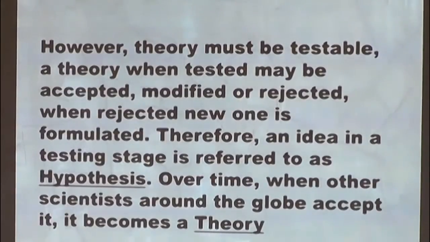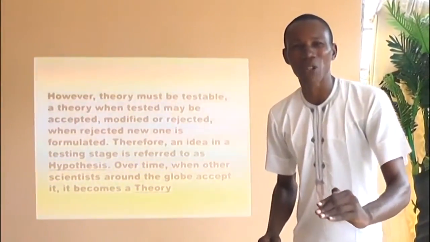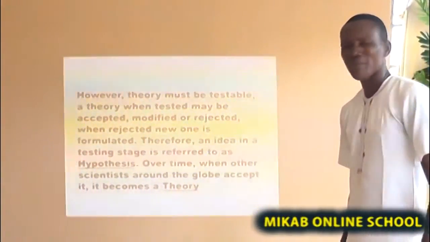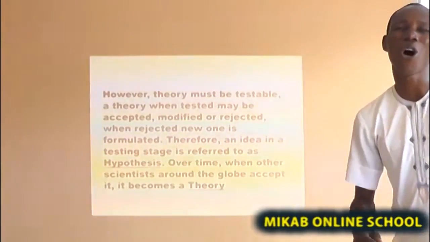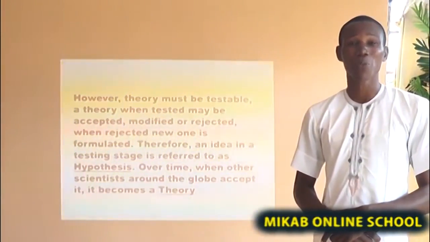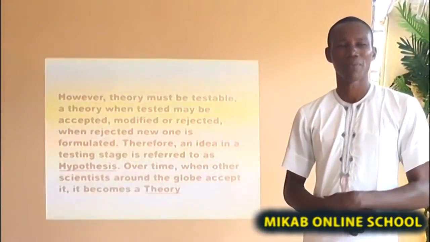On this note, let us also understand that all of these steps must be taken step by step, one after the other. Hence, the scientific method. Remember that all theories must be testable. All theories must be what? Testable.